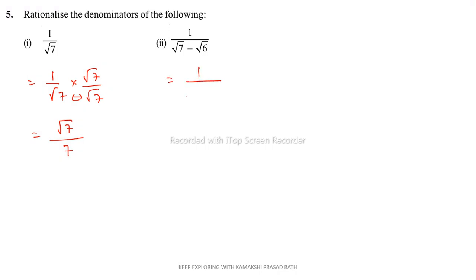Next, the expression is 1 by root 7 minus root 6. The denominator is root 7 minus root 6, so it is in the form of a minus b. So we have to multiply with a plus b to get the rationalizing factor. Hence we get root 7 plus root 6 in the numerator, divided by root 7 minus root 6 into root 7 plus root 6.